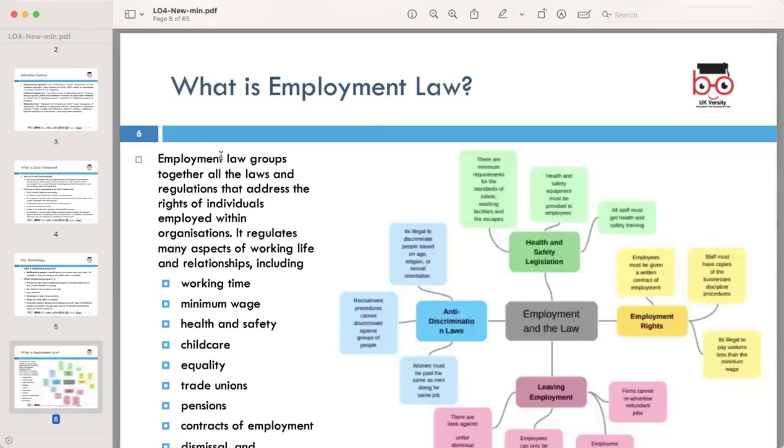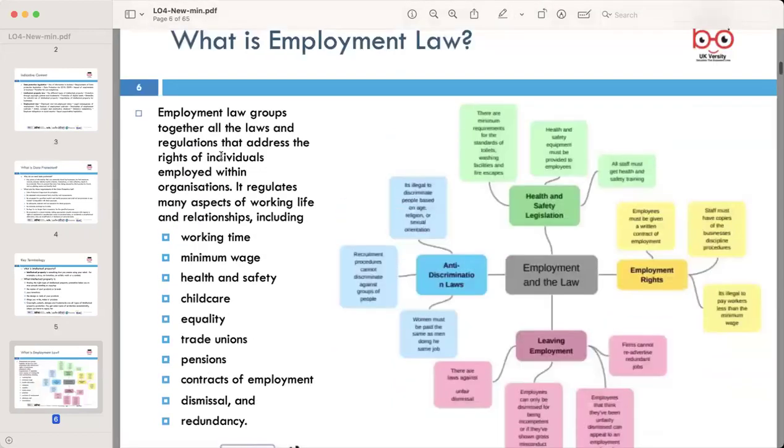So here, what is employment law? Obviously, any comments on employment law? I hope you will know very well about employment law. Yeah, employment law is to protect an employee of a business or an organization, whichever type it is in this country. It kicks in on the date that you start, and you have more protection after 2 years of service. It also includes those who do contracted work as well in the UK.